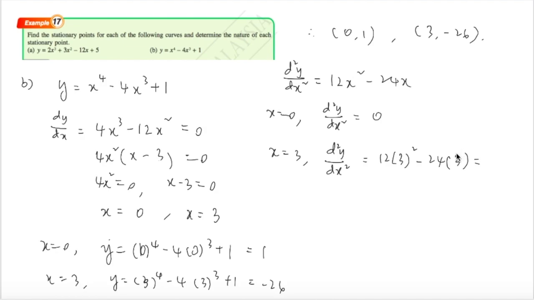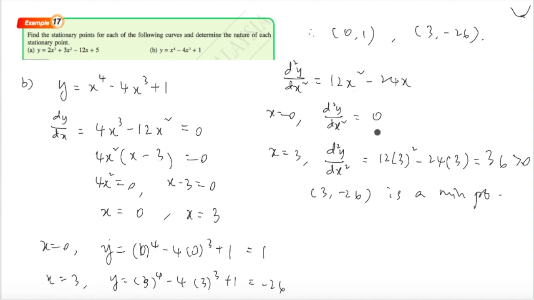What you get for the second derivative is 36. Is 36 more than 0? When d2y/dx2 is more than 0, it is going up, so it is a minimum point. Therefore, (3, -26) is a minimum point.